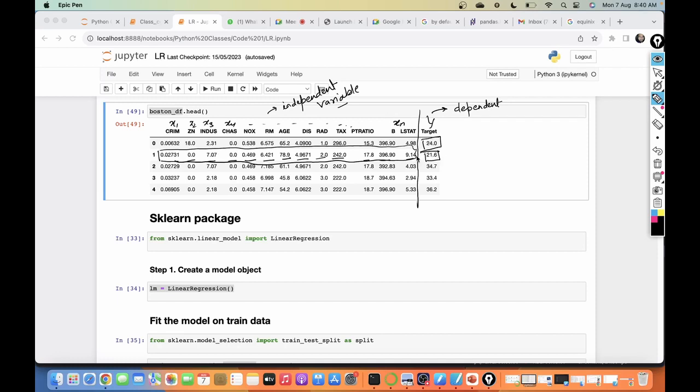It will try to map how these values are related to this one and this value and this value, and by this pattern it will try to make an equation.